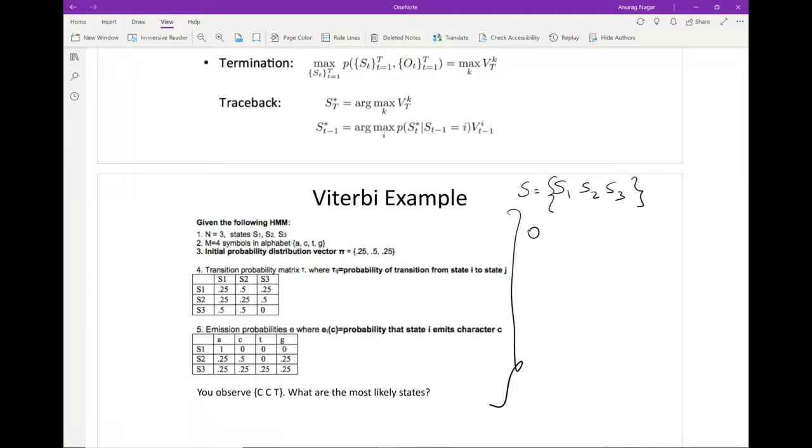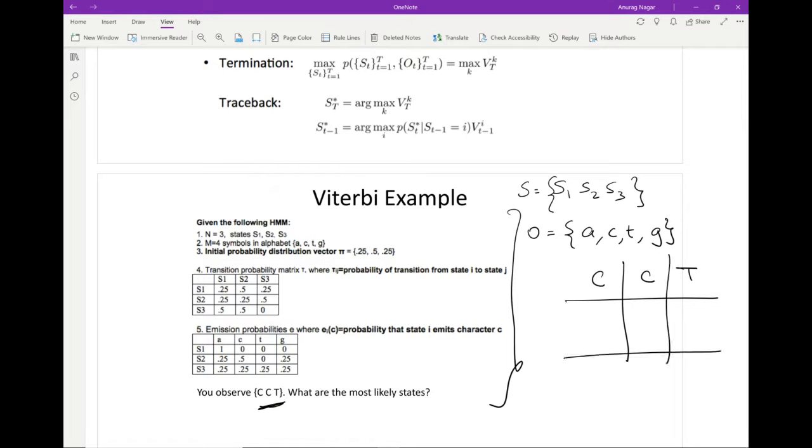The set of observables are A, C, T, and G. This is the set of observables. Now you observed C, C, T. I want you to fill in the table and tell me at which state the value is the highest.